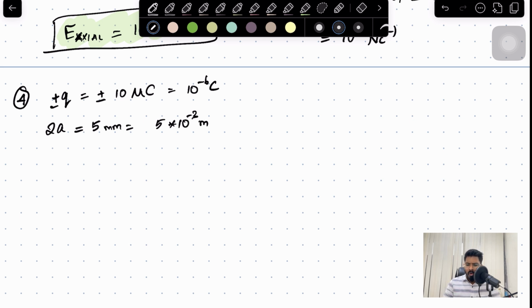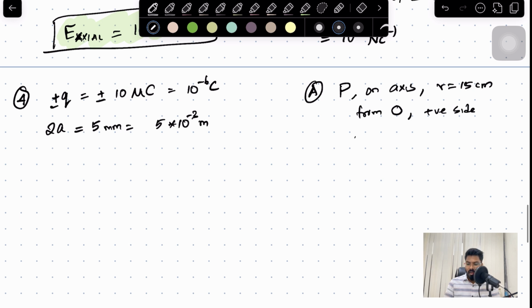Now there are two parts to this question. In the first part, we are taking a point P. This P is on the axis of the dipole and it is 15 centimeter from the center on the positive side.